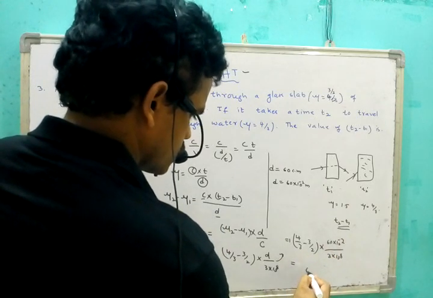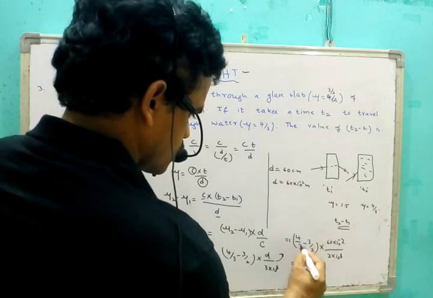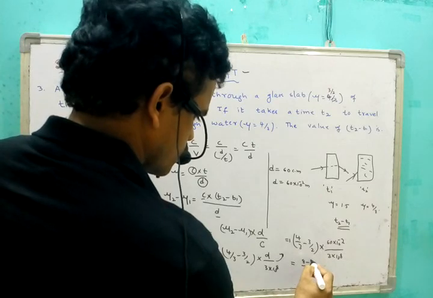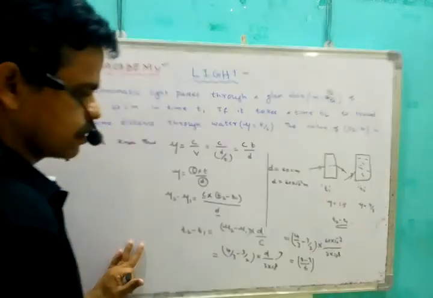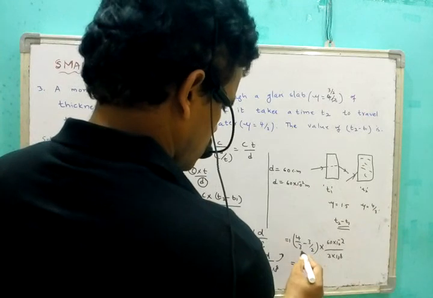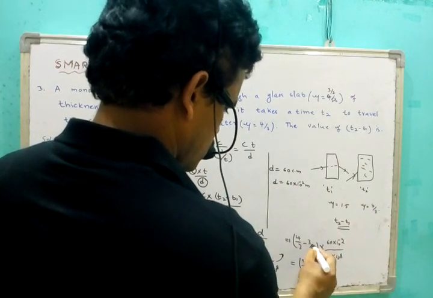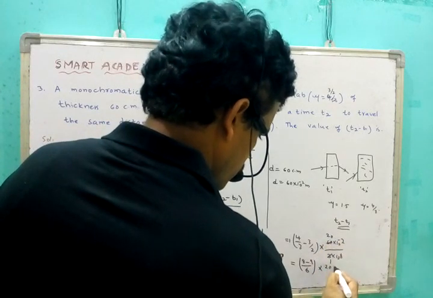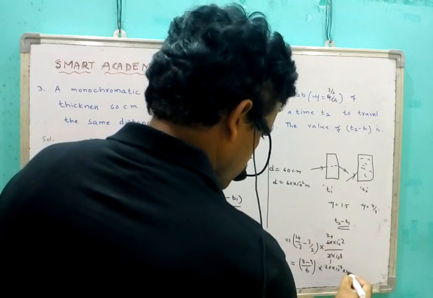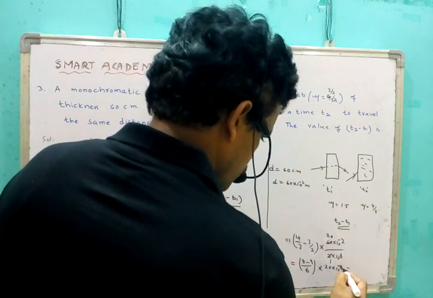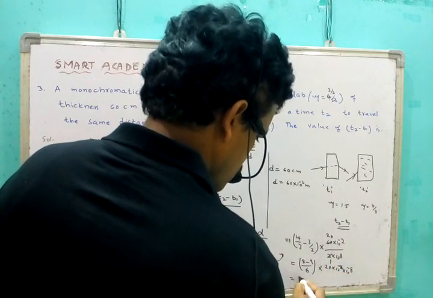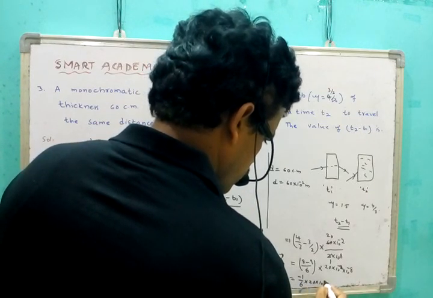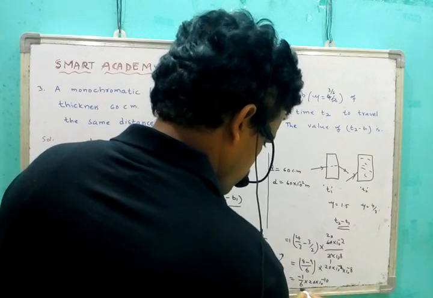Take LCM here, 6. 2 3s are 6, 2 4s are 8, 3 2s are 6, 3 3s are 9. So we are getting negative sign here, 8 minus 9. Then we get 1 by 6, 20 into 10 power minus 2 minus 8, that is 20 into 10 power minus 10.